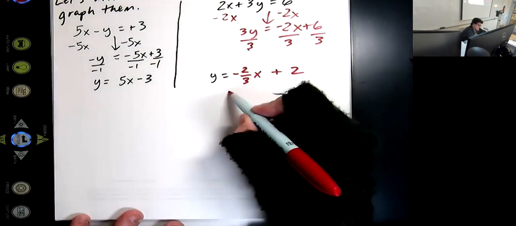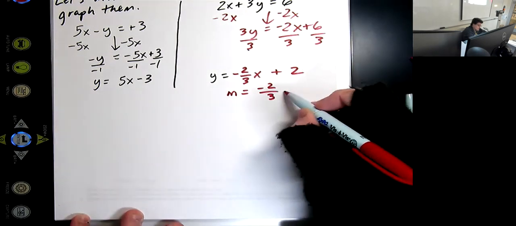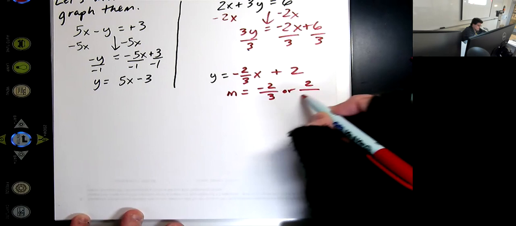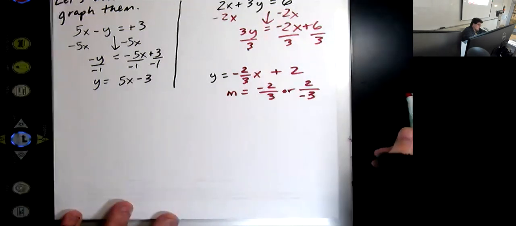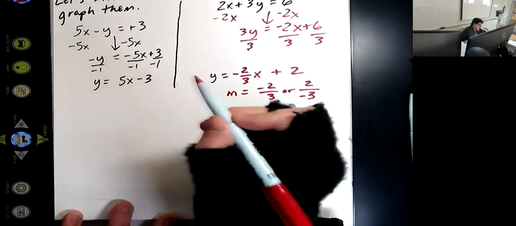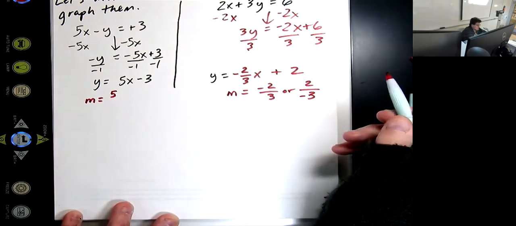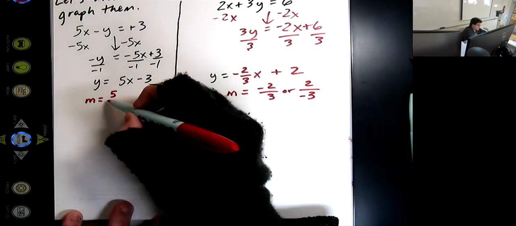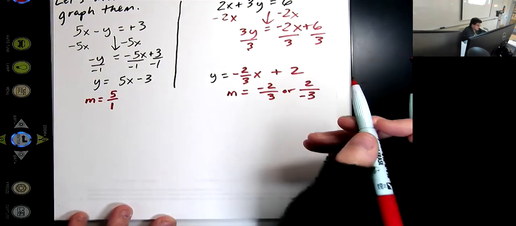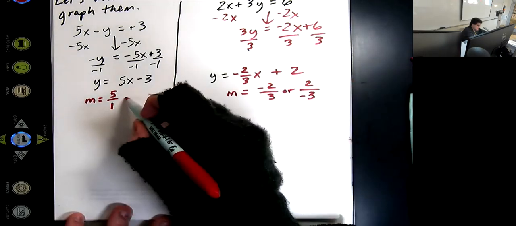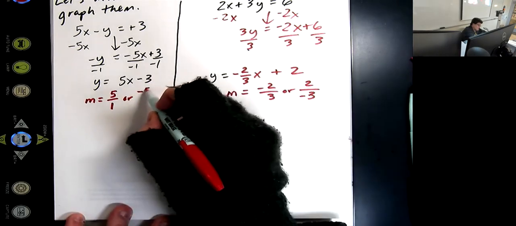So my slope here is negative 2/3, or we can put the negative on the bottom, 2 over negative 3. This one, the slope is 5. And if I want to write it as a fraction, I put it over 1. And just for illustration purposes, I can make that a negative 5 over negative 1.